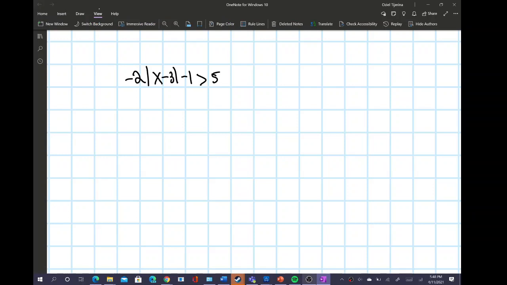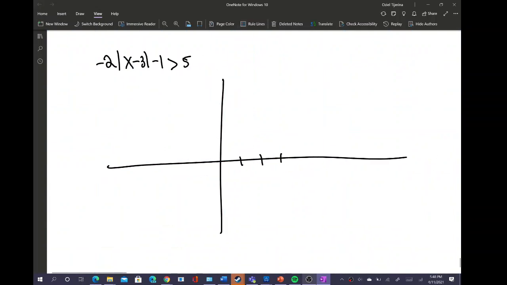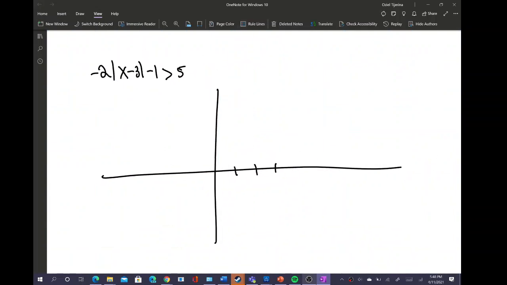Because if you do a very rough sketch of the function, 1, 2, 3, and then it's -1, right? So this is your vertex. Now you notice that it has a slope of -2, so it's going to be facing down.